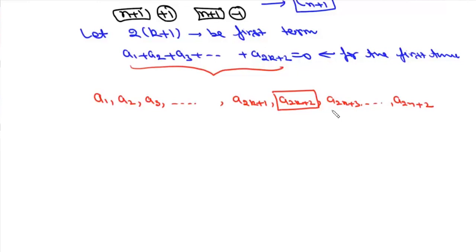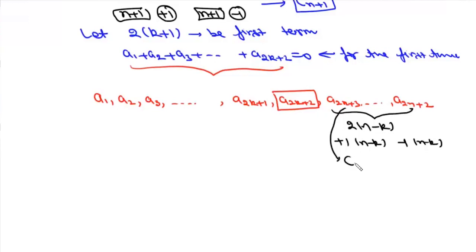Now to the right of the sequence, we'll have 2(n-k) terms. So we'll have n minus k plus 1s and n minus k minus 1s, and the number of sequences to the right of a(2k+2) will be simply C(n-k).